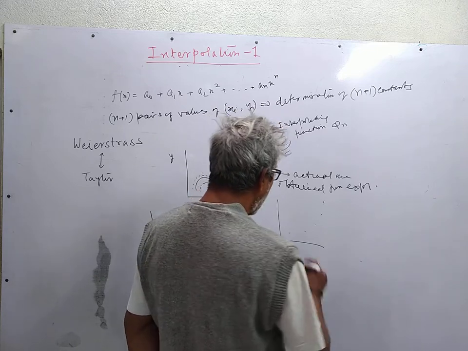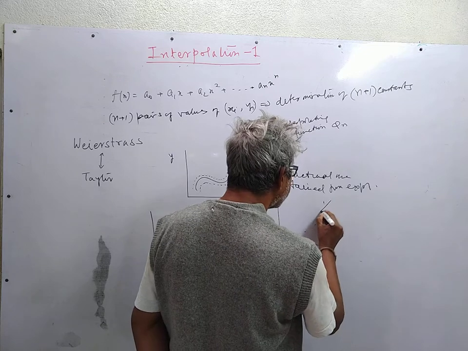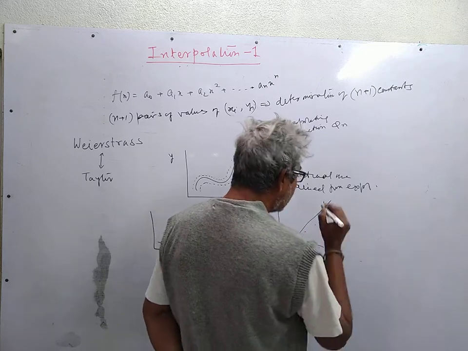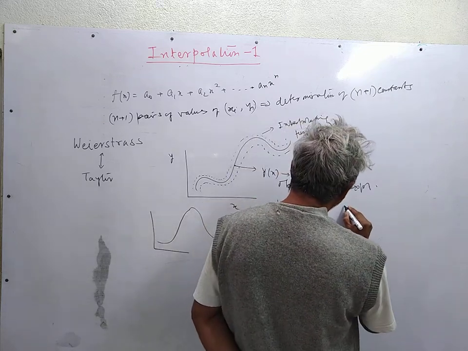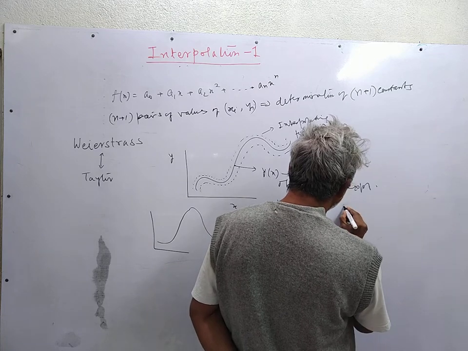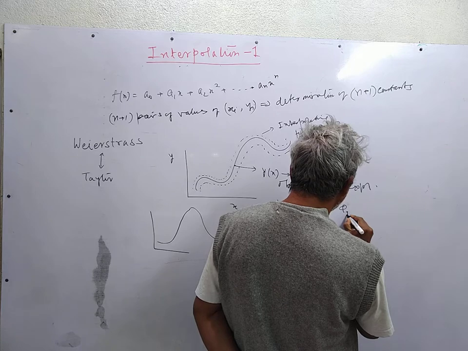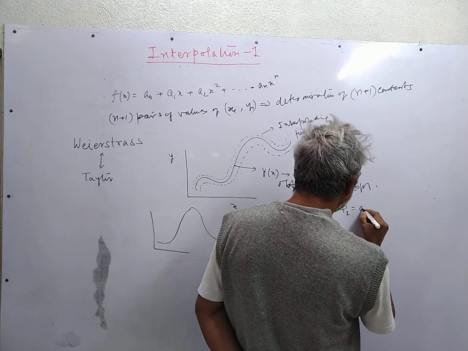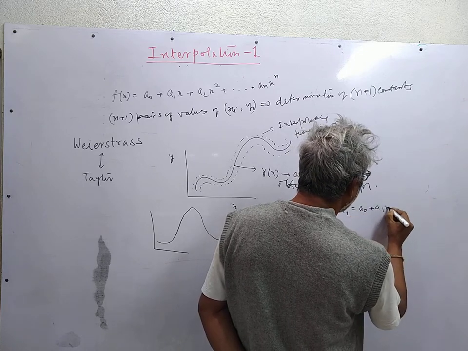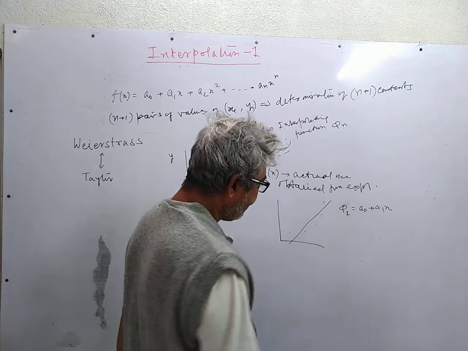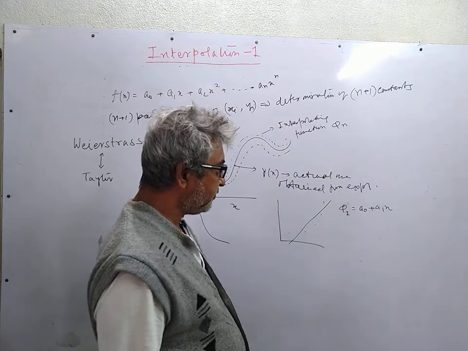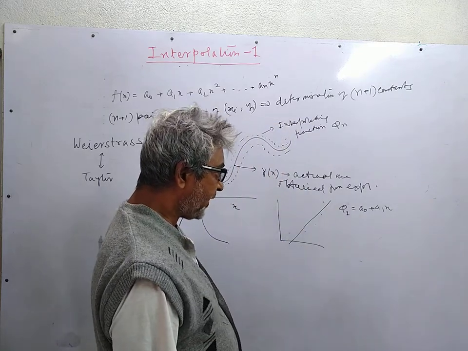So we can at most fit a straight line, because as we have been given only two data points, we can approximate phi as a polynomial of order 1, and this is a0 plus a1x, which is a straight line. The data is not fitted satisfactorily.